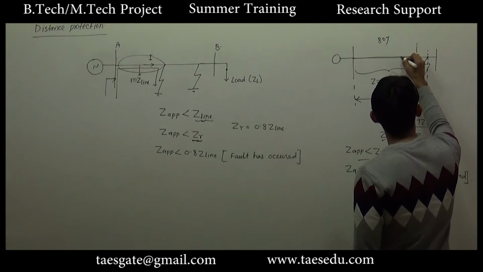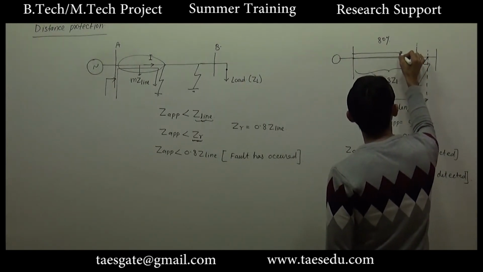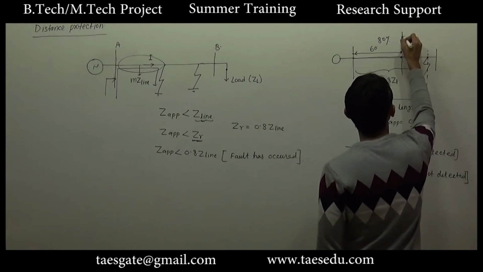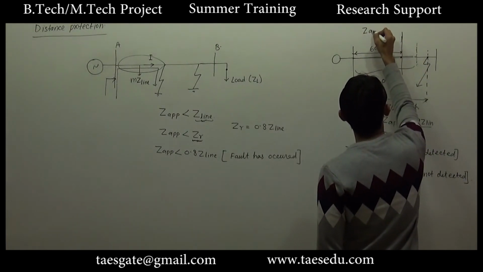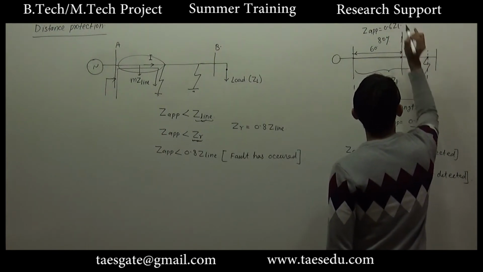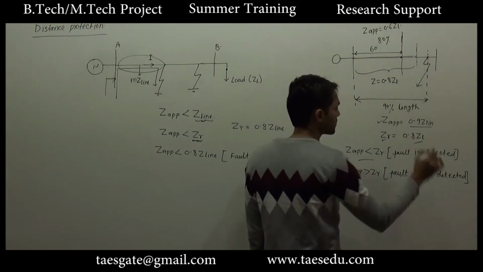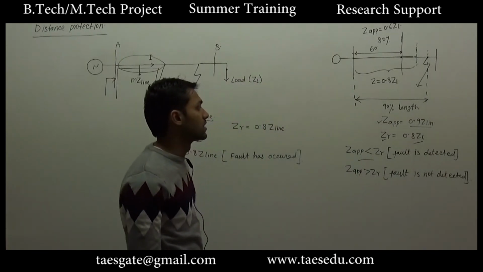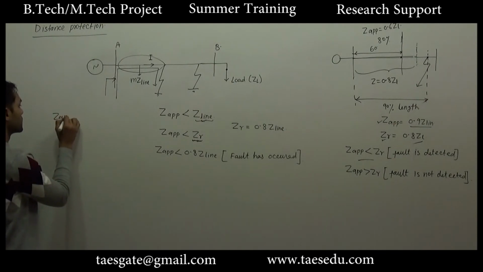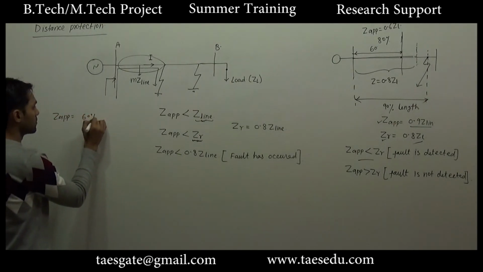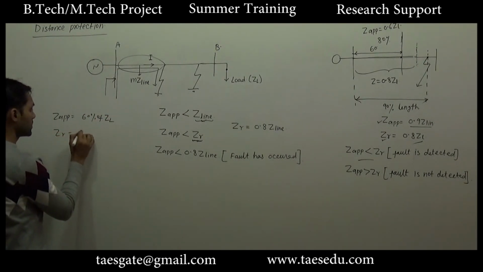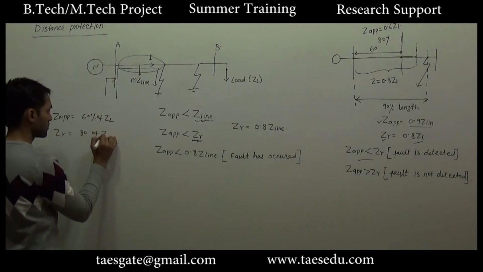What about this point? Let's say this represents 60% of the line. So up to this point the impedance seen by the source will be 0.6 into ZL, and the reference is 0.8 into ZL. The apparent impedance is 60% of ZL and the reference is 80% of ZL.